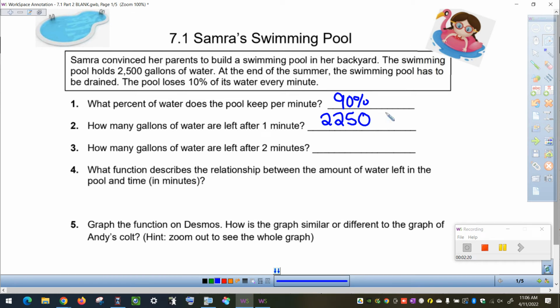Now we're going to go 1 more minute. And so that means that our percentages now are not based on the original amount. They're based on the ending amount after the first minute. So we're losing 10% from 2,250, or we're keeping 90% of 2,250.